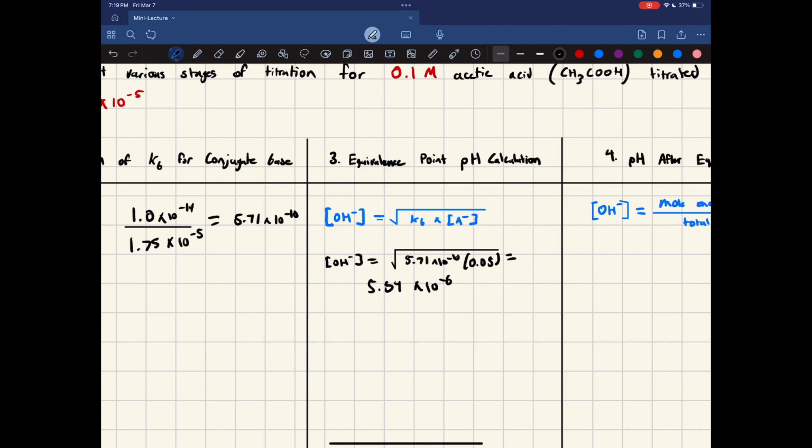Then pOH equals negative log of this number, which gives 5.27. So 14 minus 5.27 equals 8.73, giving us pH equals 8.73. Alright.